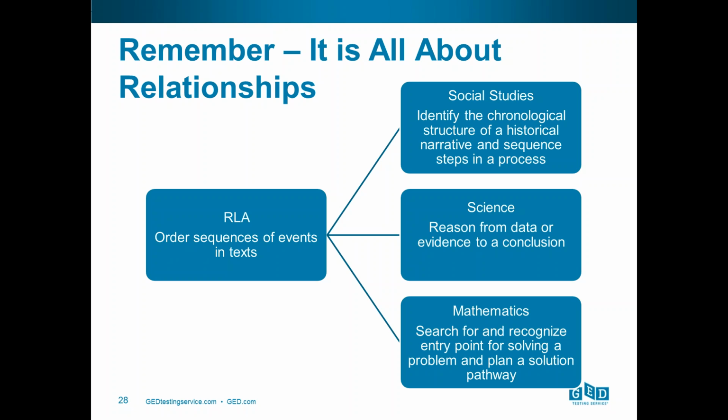It's not just about diving into a problem and pulling out all the numbers. It's about determining, where do I go? How do I set up that plan to solve that problem? And what are going to be my steps? What's going to make a difference as I move through? So that tells you how just this one skill set can go over into all these different content areas. And that's where we begin to really maximize the time students spend with us.